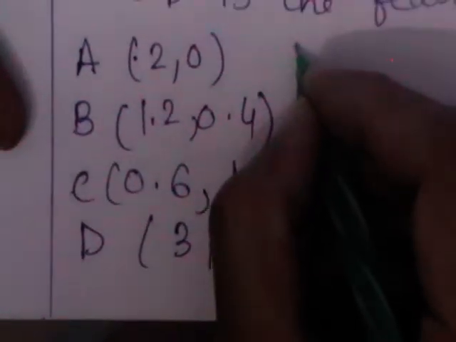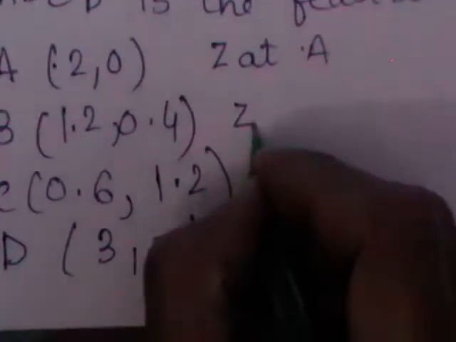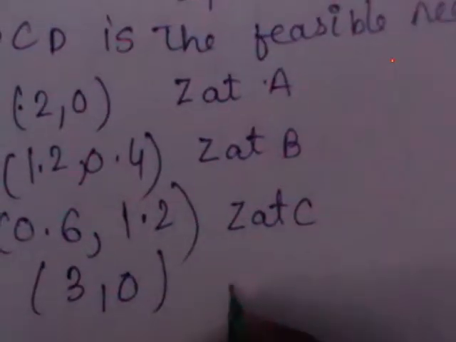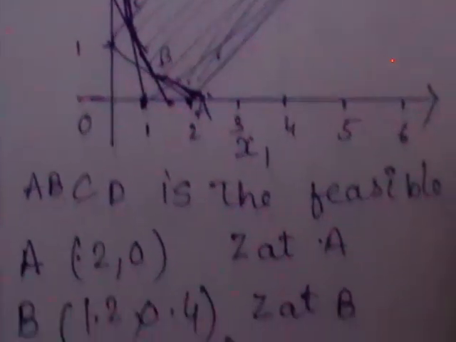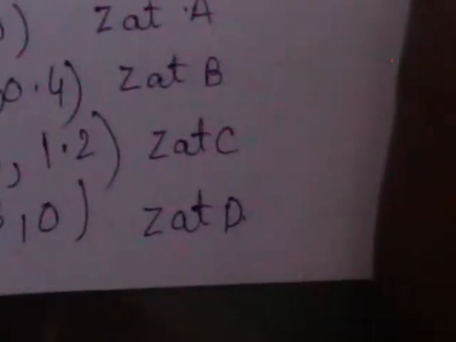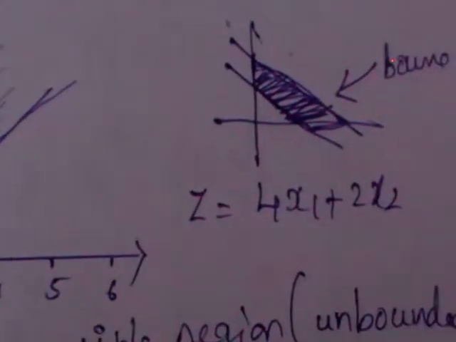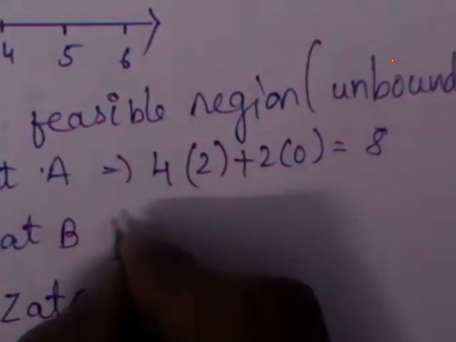Like the previous one, you need to calculate Z, the objective function, at A, at B, at C, and at D. What is the objective function given here? The objective function is 4x1 plus 2x2. So you substitute the first one, 4 into 2 plus 2 into 0, which is nothing but 8.